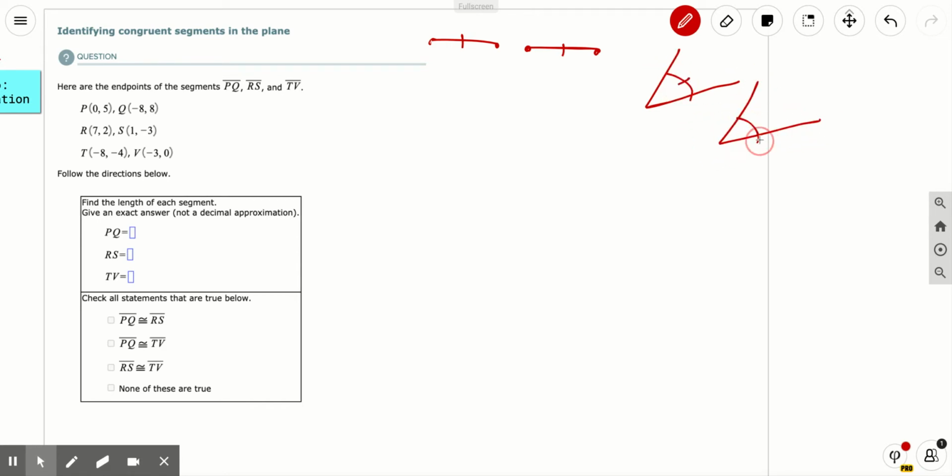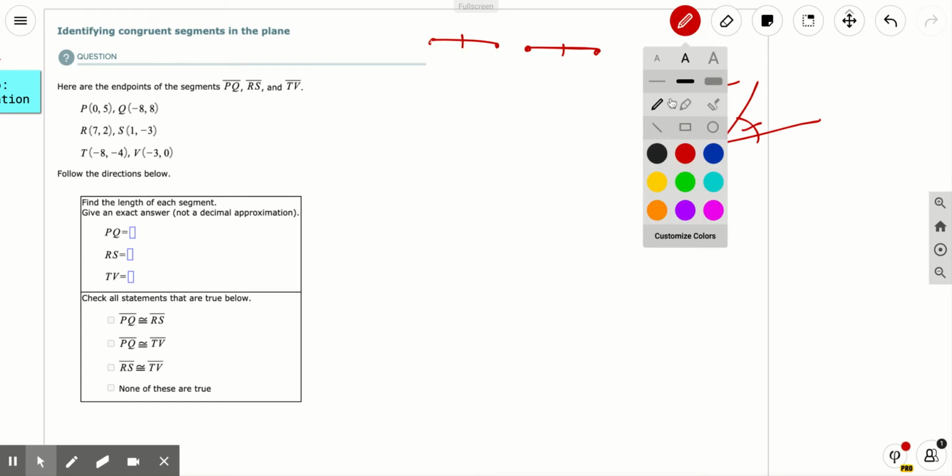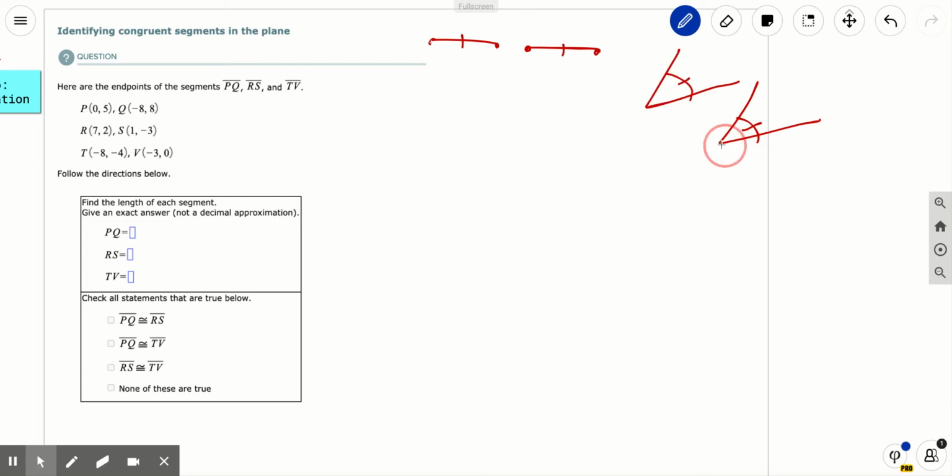Sometimes we do this, put a little line across it. Let's say you have another angle that's congruent. It's kind of an aside, but it's kind of important. So let's say we had another angle that was attached here. You would put either 2 bars like this, or sometimes they put 1 bar with 2 lines like that, okay, to show that they are congruent. This is how we show congruency in geometry.